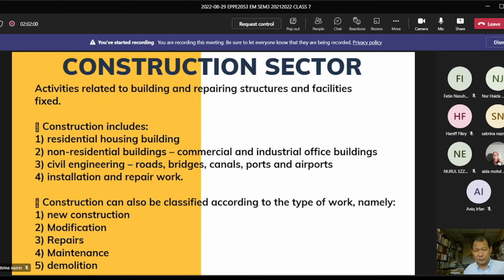So for that, I will explain this way. Construction is very important as well.